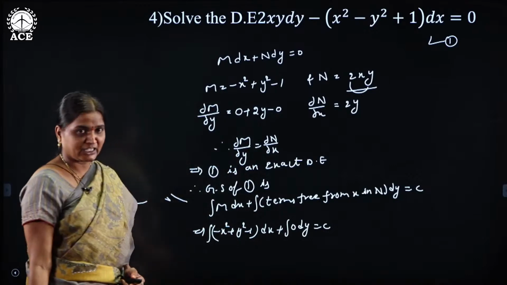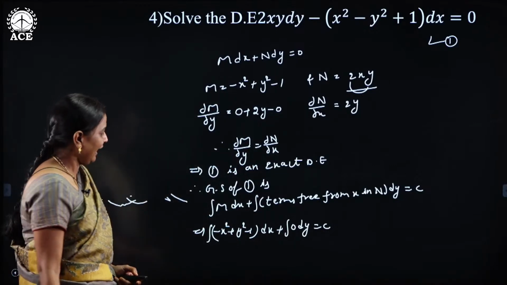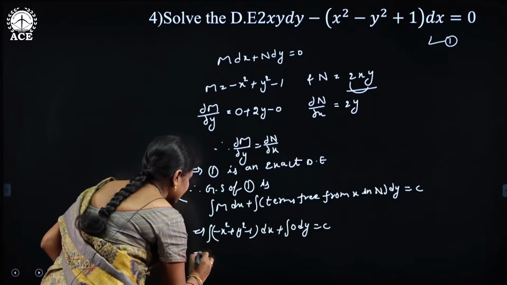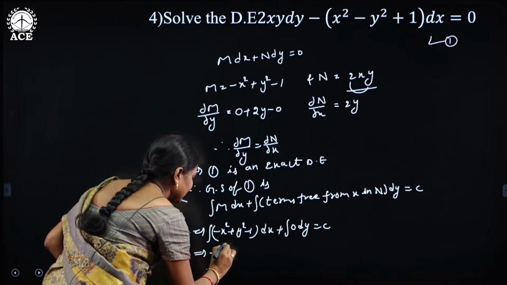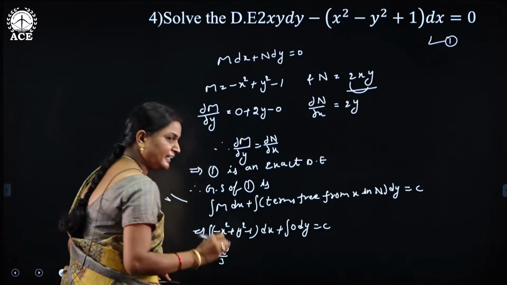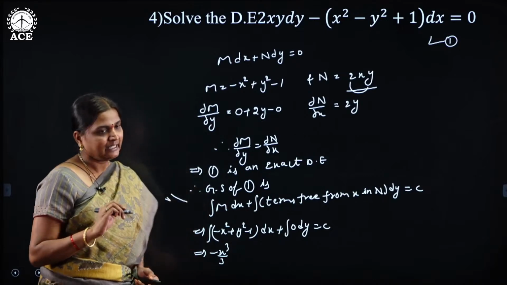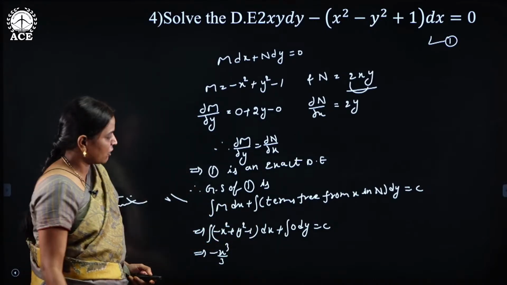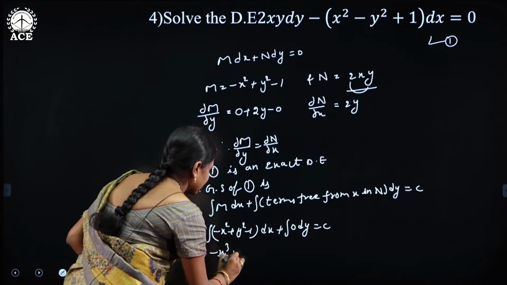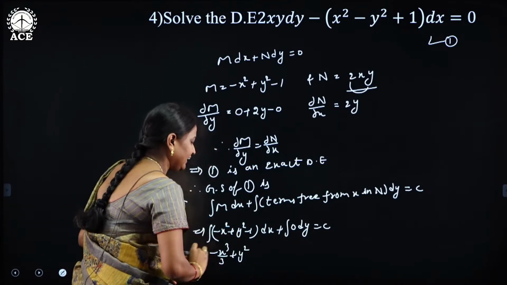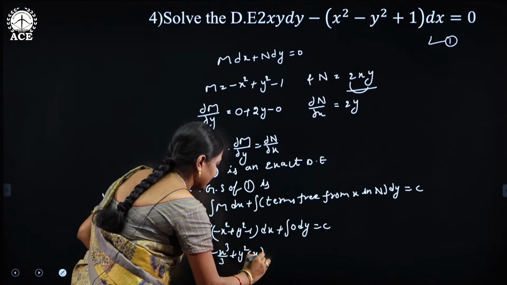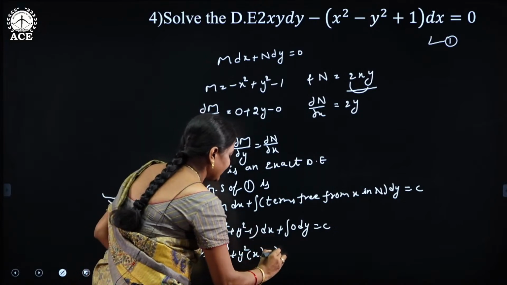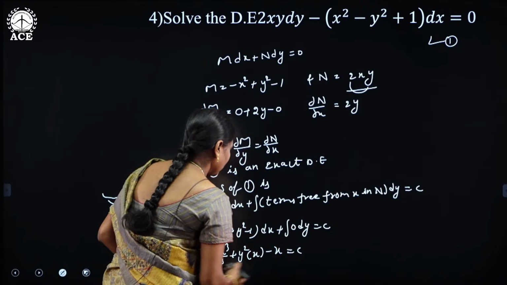Now here first integration is performed with respect to x. So what is the integration of x square? X cube by 3. While we integrate, what is the important key point here? While we integrate with respect to x, treat y as a constant. So here plus y square into integration of dx is x, minus integration of dx is x, is equal to c.